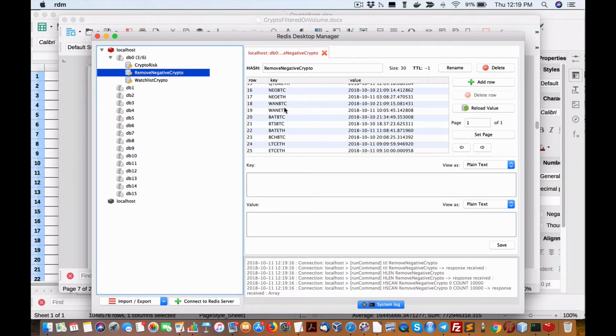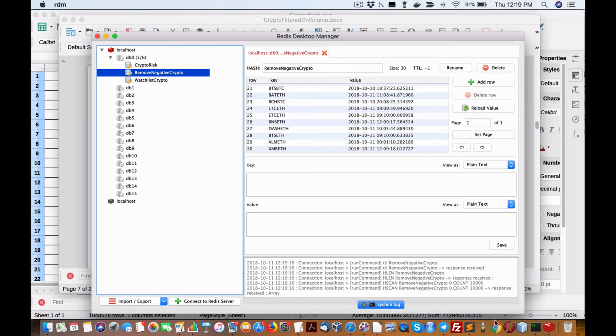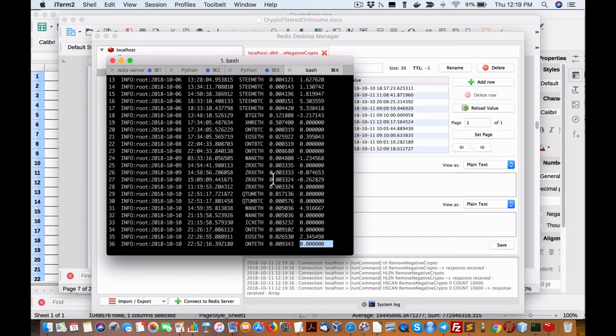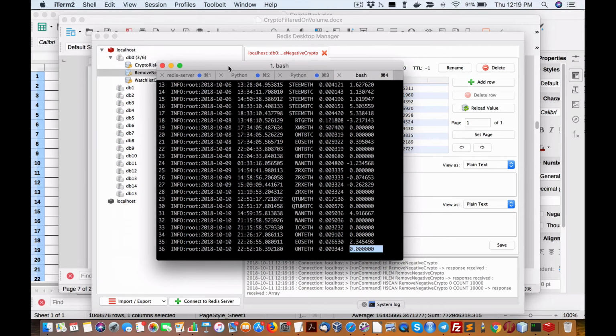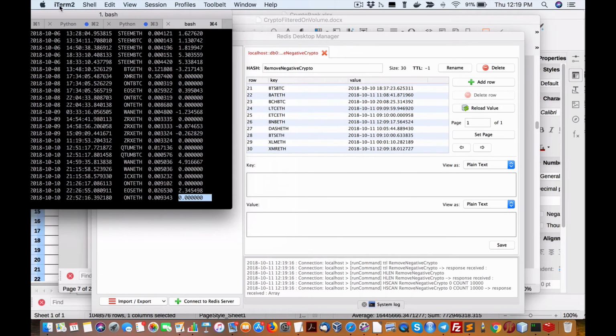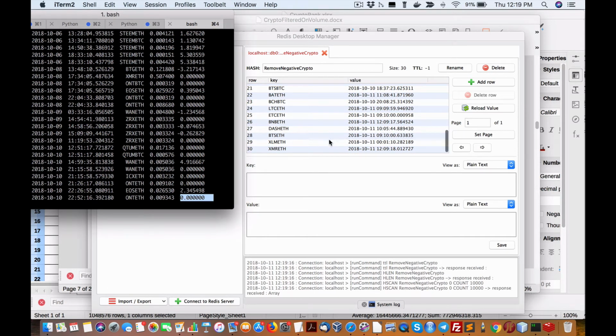This one right here, because I removed it and it's on my list here of negative movers, it's been removed because, and it's probably going to save me a ton of money. Let me just verify that. So let me see if ONT Ethereum's on this as an example.